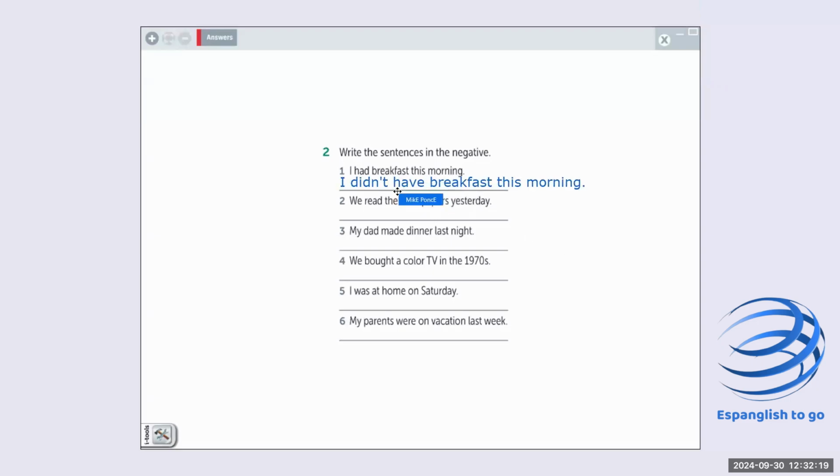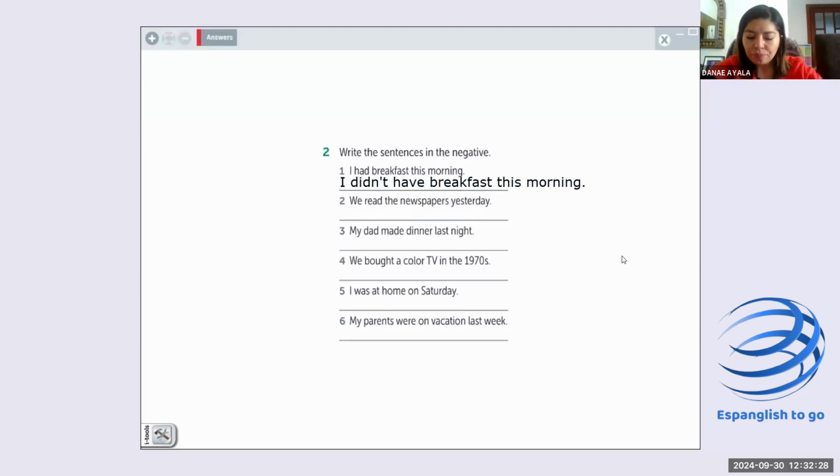Okay, so let's check. What do you have for number 2? Read the affirmative and the negative, the two sentences. We read the newspaper yesterday.